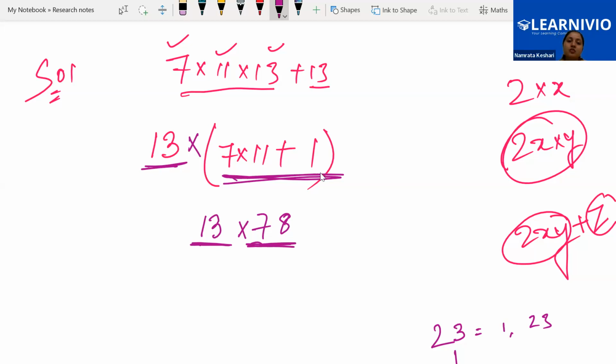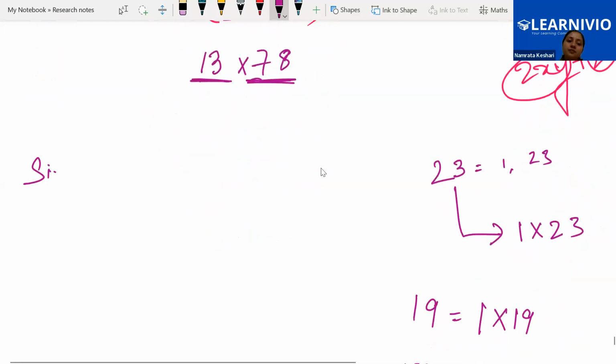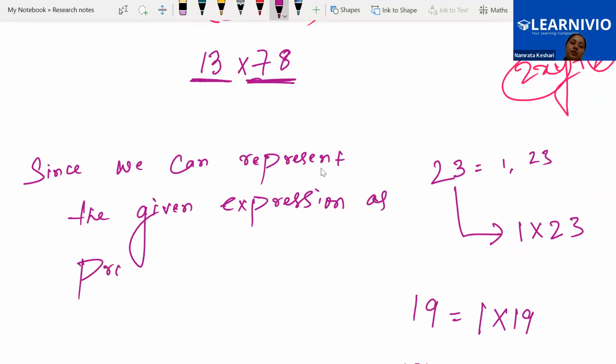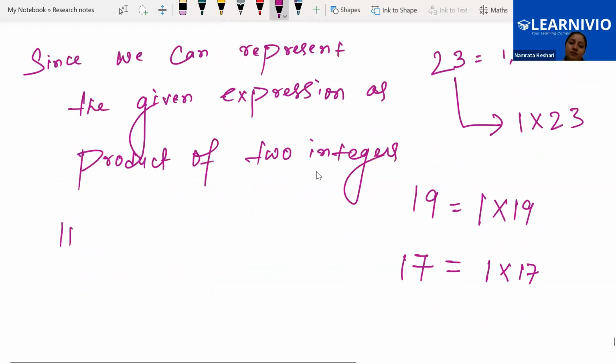Yes, ma'am. So here we will write: since we can represent the given expression as a product of two integers, hence it has more than two factors.